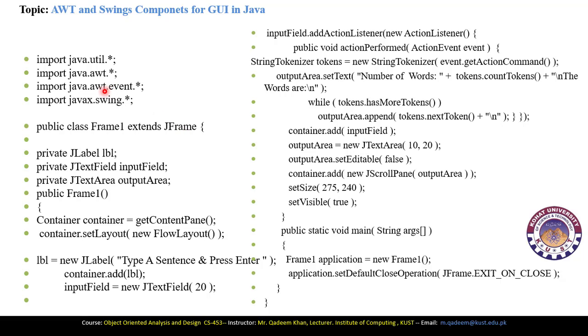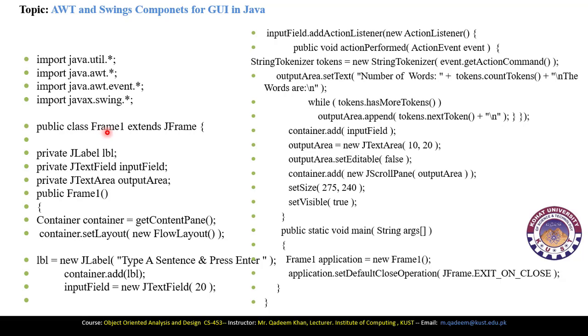Also we have the java.awt.event library, the Abstract Windowing Toolkit library for the events. So these libraries define the event programming, and the event programming is the add action listeners here. Next is the javax.swing.* library of the JavaX class. This library contains these different controls used for the GUI.